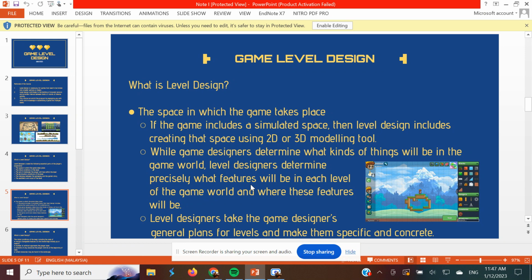So they must practice this. So you must prepare the specific level design that enables this character to build their capacity to interact with your game world. So that's what it says here: the game designer's general plans for levels, made specific and concrete.